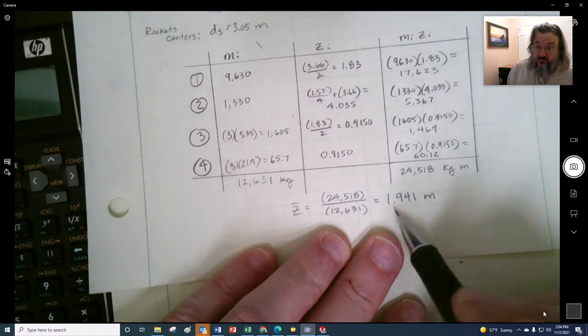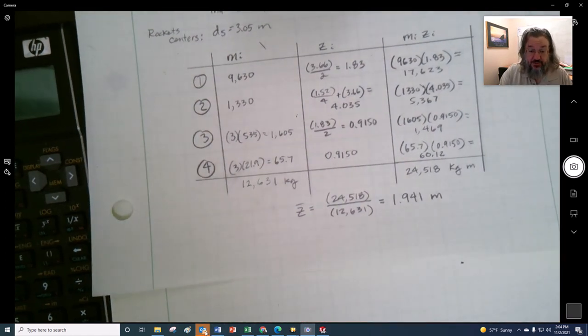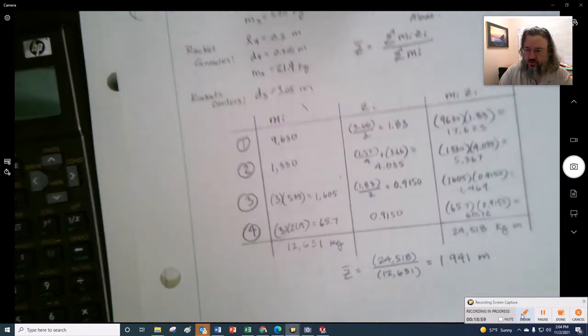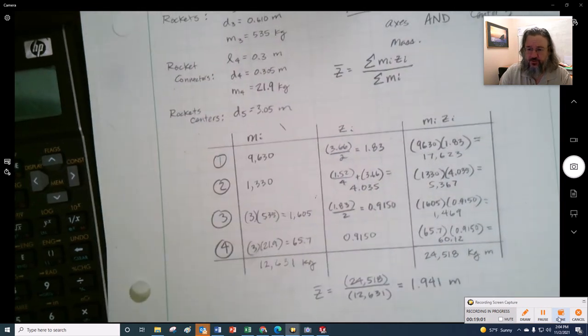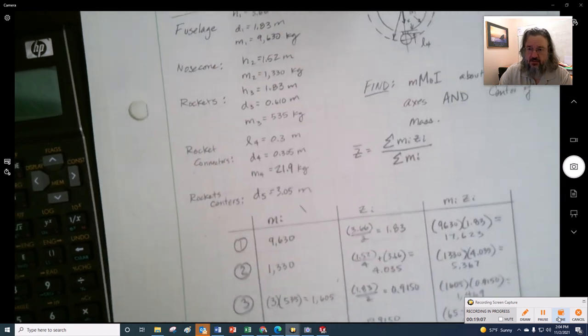So this is our first part, the first thing we need, and I think the video is sufficiently long. 19 minutes. So we don't really want to go over on this, and we'll break it up into another video where we'll do the moment of inertias. But yeah, this is our first task, get the center of mass.